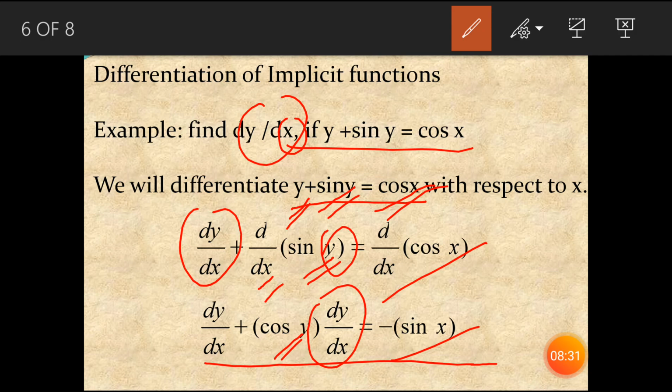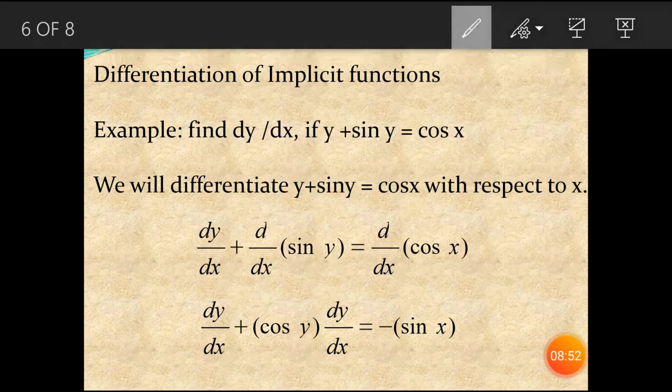Now we are going to take dy over dx common from here, and we will calculate the value of dy over dx. So you can see that this function is an implicit function. So how to solve it? You just start differentiating in this way, and then you separate dy over dx and calculate its value.